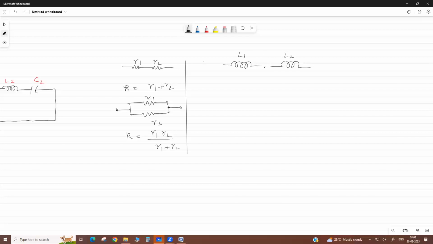Now if they are connected in series like this, sometimes there is a mutual inductance between the 2. Then it is M. M is the mutual inductance. M equals K root of L1 L2. K is the coefficient of coupling factor.